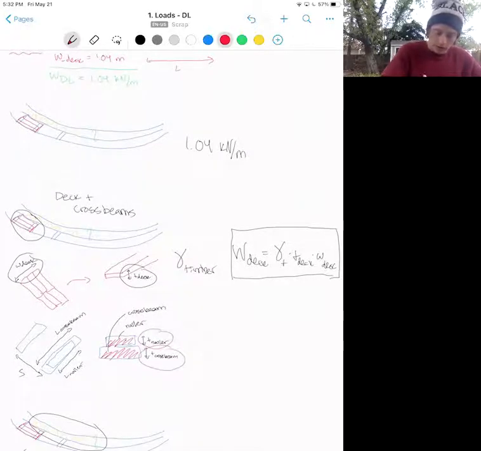So our equation will look like our volume of nailer times the density of the nailer, which is going to be timber, plus volume of our crossbeam times the density of the crossbeam, which could be timber or steel, all divided by that 1 meter spacing S.